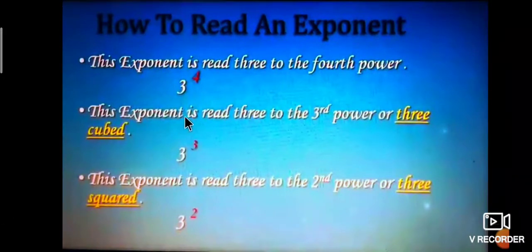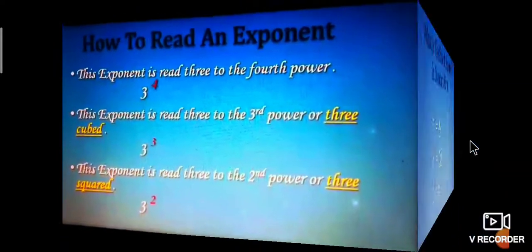This exponent is read as third power or 3 cubed. This exponent is read as 3 to the second power, or 3 squared. Like that, students, we read the exponents.